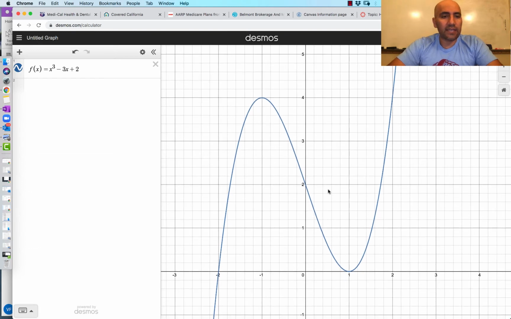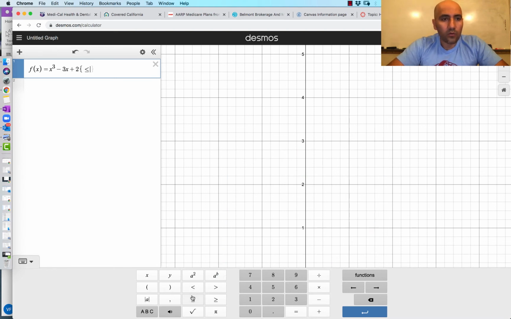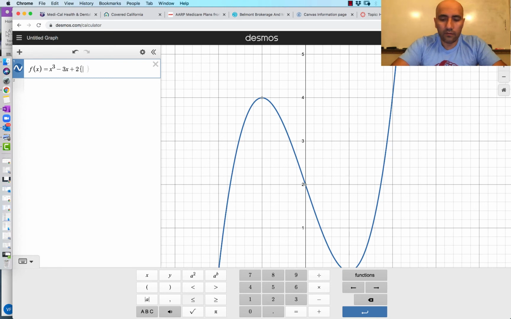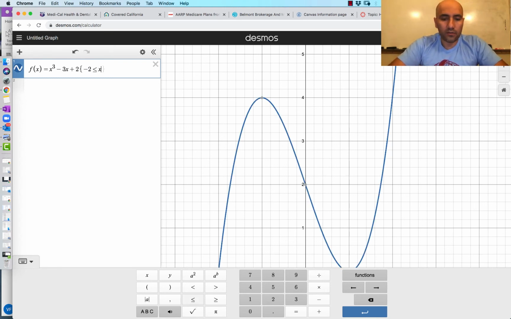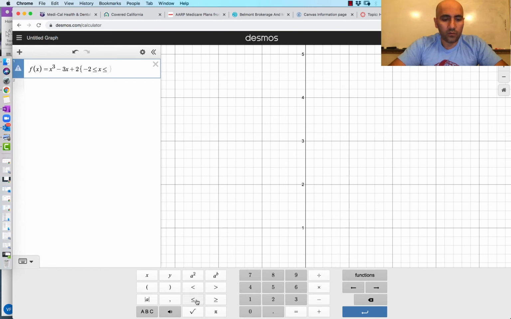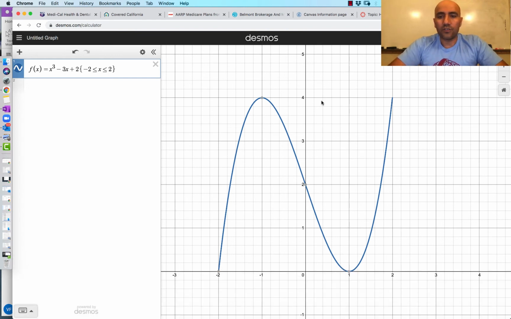We were interested in the segment between -2 and 2 inclusive, so I'm going to put -2 less than or equal to x less than or equal to 2. Okay, so now it's restricted to that little portion.